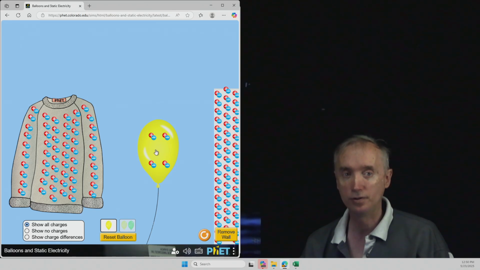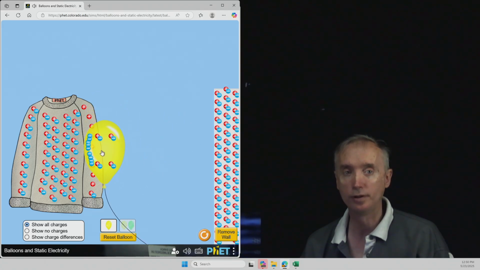So what you're going to do is grab the balloon. If you click on the balloon, you can move it around. Okay, and now notice nothing's happening as I move it around until I rub it.